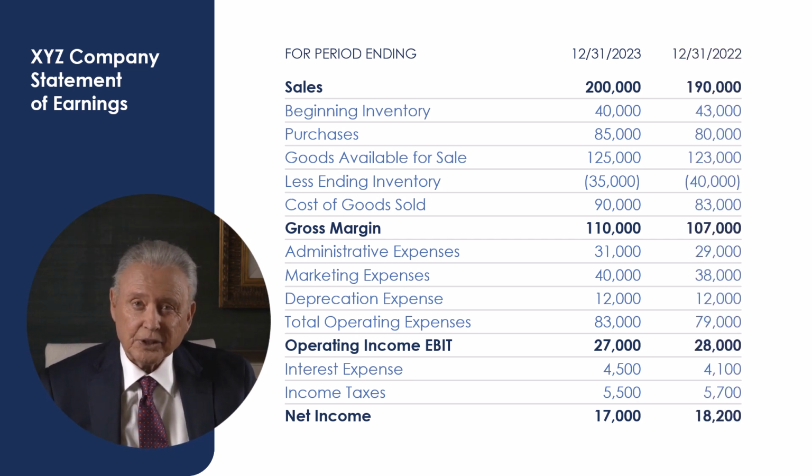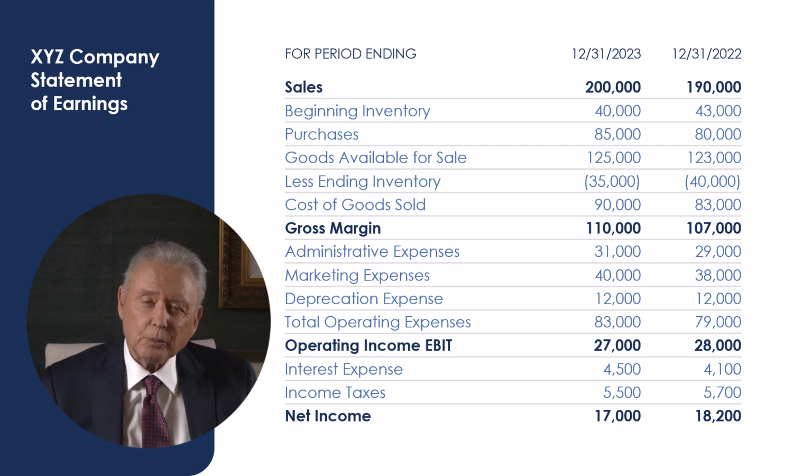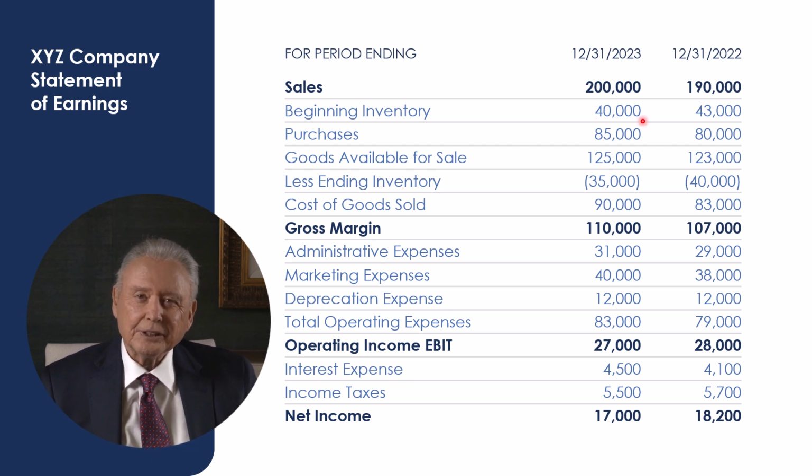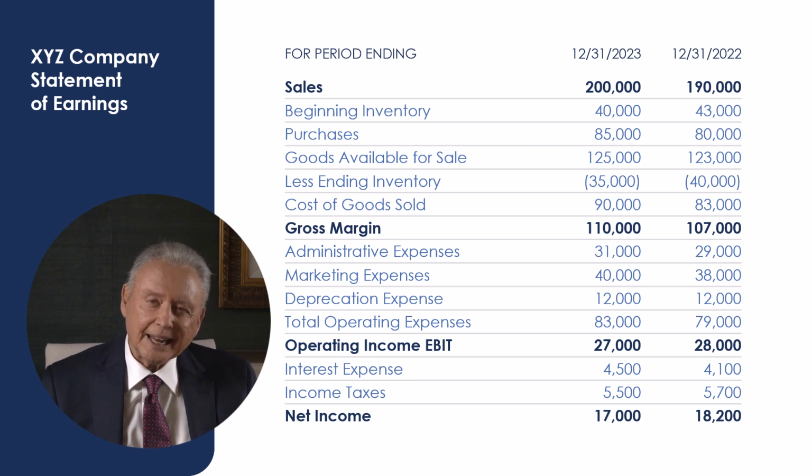In this statement of earnings in 2023, we have a company that sells products. To calculate the cost of the merchandise sold, we start with the beginning inventory, which is $40,000. We add the purchases of new inventory of $85,000. Adding the two together, we get goods available for sale of $125,000.